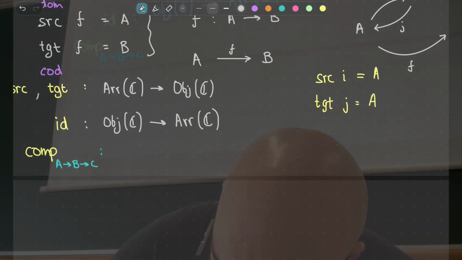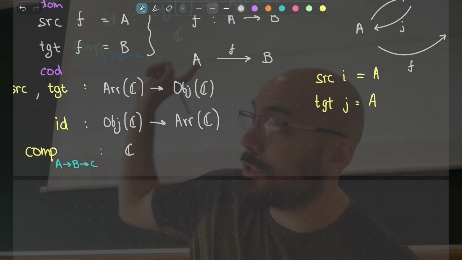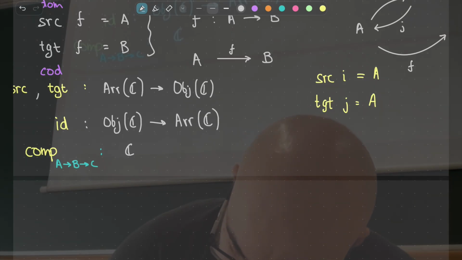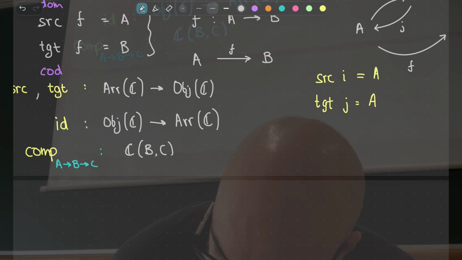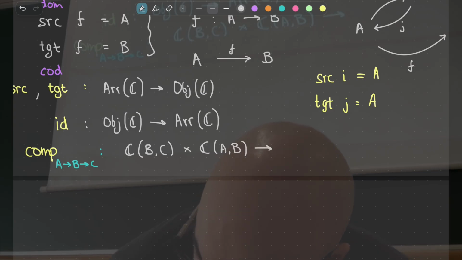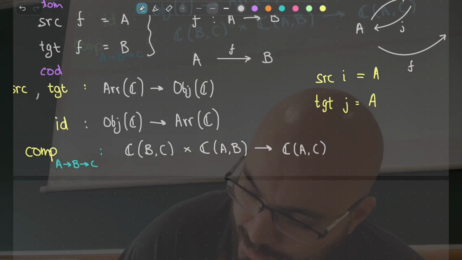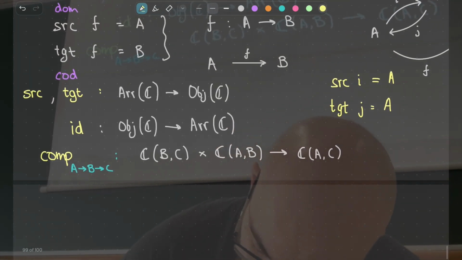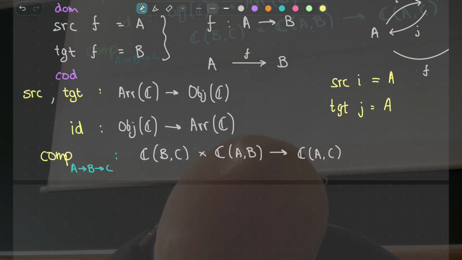So here I'm introducing this notation: an arrow from B to C and an arrow from A to B, and it will give me back an arrow from A to C. And I will use the notation, this little ball.